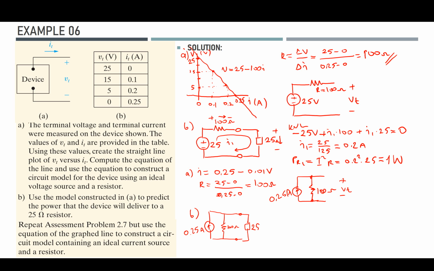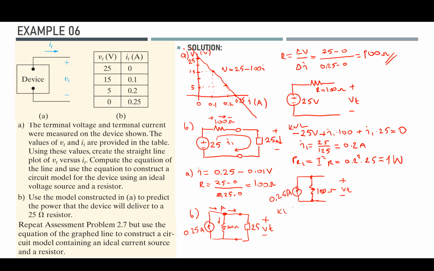The voltage across the load should be the VT. Then I can write down the current of the load using Ohm's law, and I also know that there will be some current flowing in this direction. So I can write down a KCL equation at node A. Let's say this is node A.